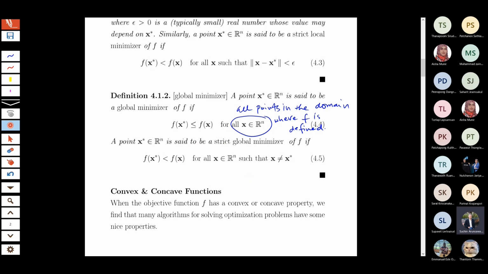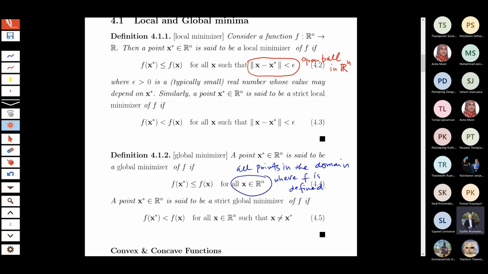That means for other points in the Rn space. So those are the definitions of minimizer.